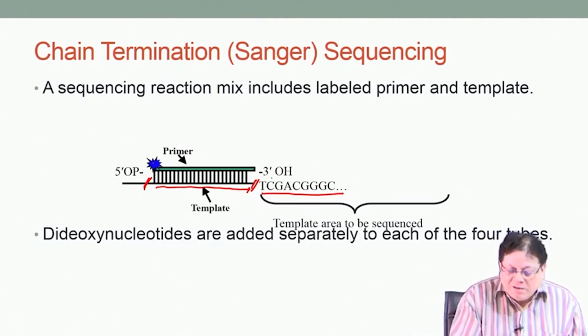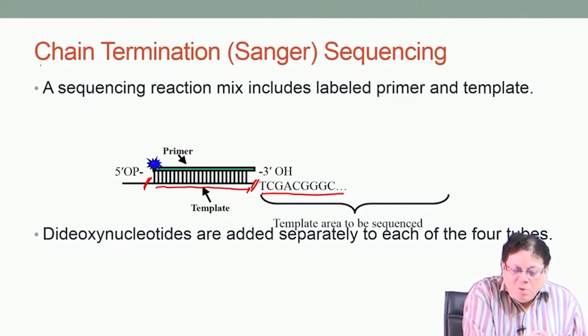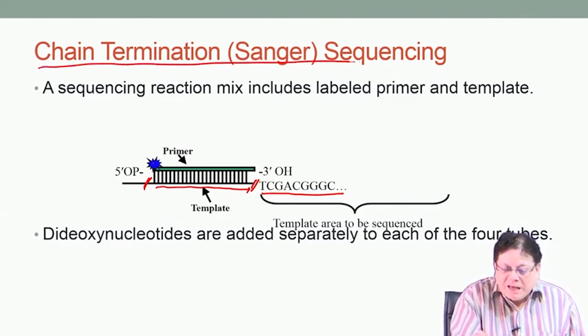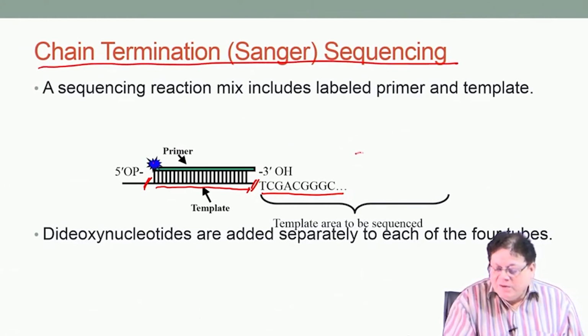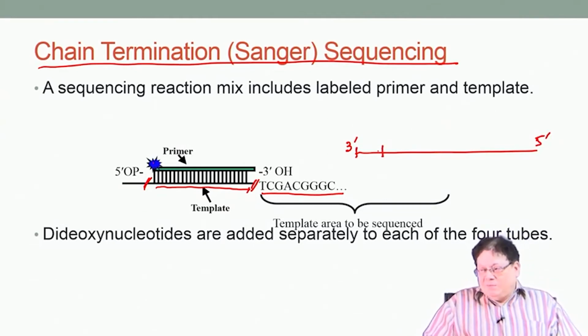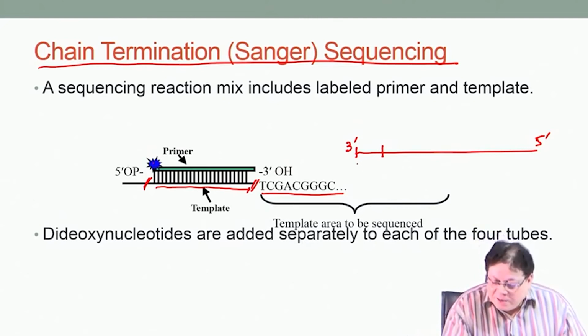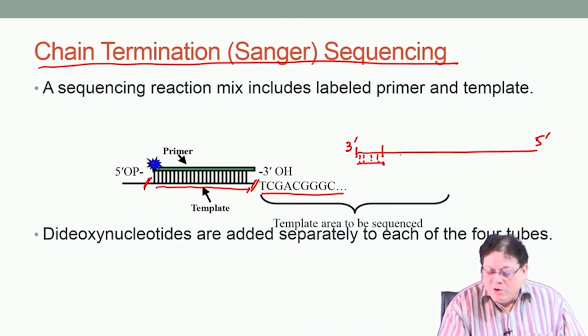Okay. Now, this is my primer. One important issue of Sanger sequencing is that if I have the DNA, I need to know the sequence of a few bases at the end. Okay. Then I can design the primer, and the primer goes here and binds. Now, what will happen?